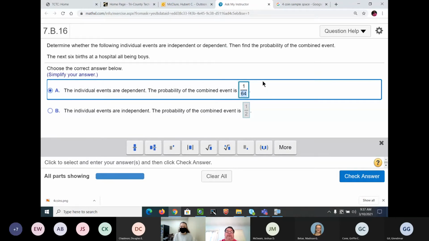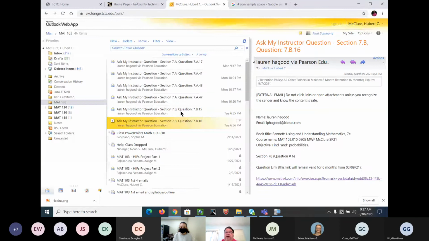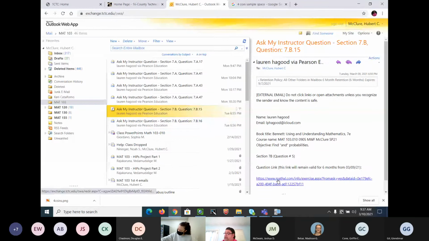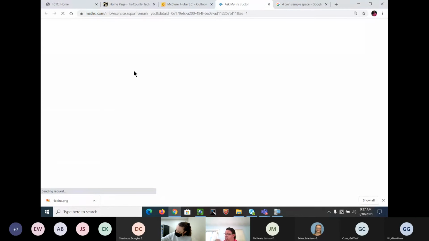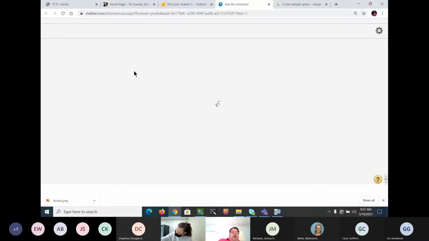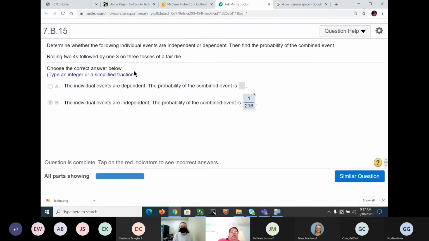All right, 7B 15/5. Okay, determine whether the following is independent or dependent, then find the probability of the combined event.